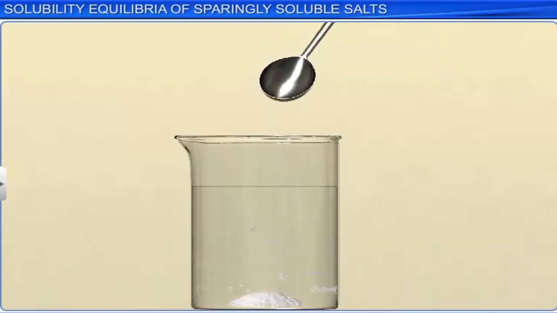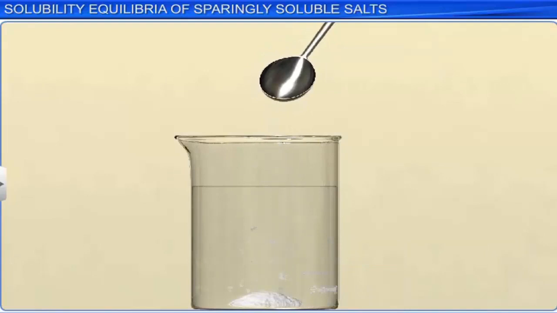If S is the molar solubility of calcium phosphate, then the concentration of Ca2+ ions will be equal to 3S and the concentration of phosphate ions will be equal to 2S. Substituting the concentration of calcium and phosphate ions in the Ksp equation for calcium phosphate, we get the solubility product Ksp equal to the product of 3S raised to the power of 3 and 2S raised to the power of 2.